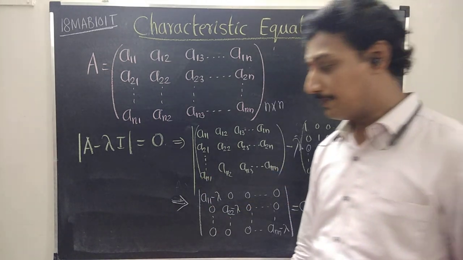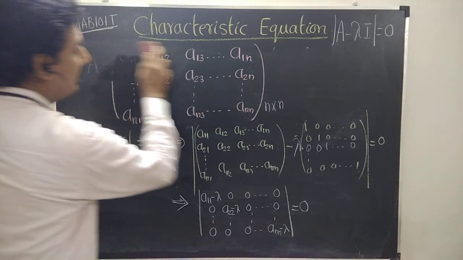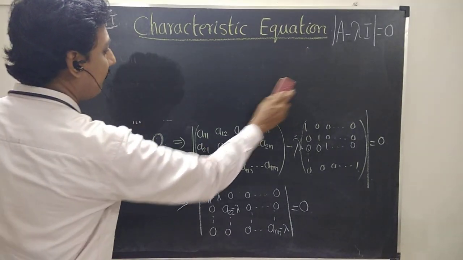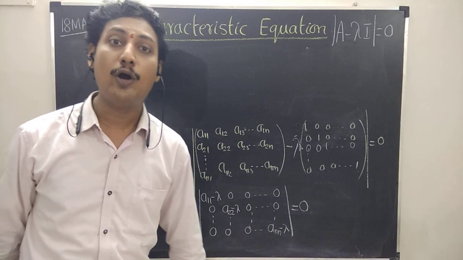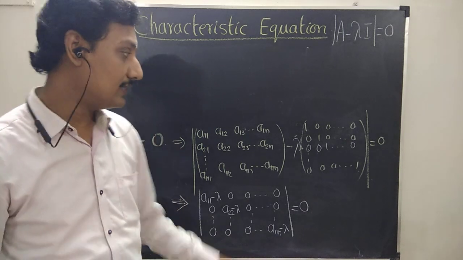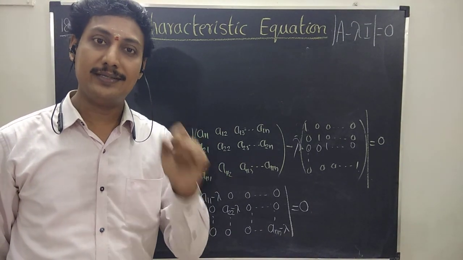When I simplify this determinant, I get the characteristic equation, an nth degree polynomial. Why nth degree? Because the order of the given square matrix is n.